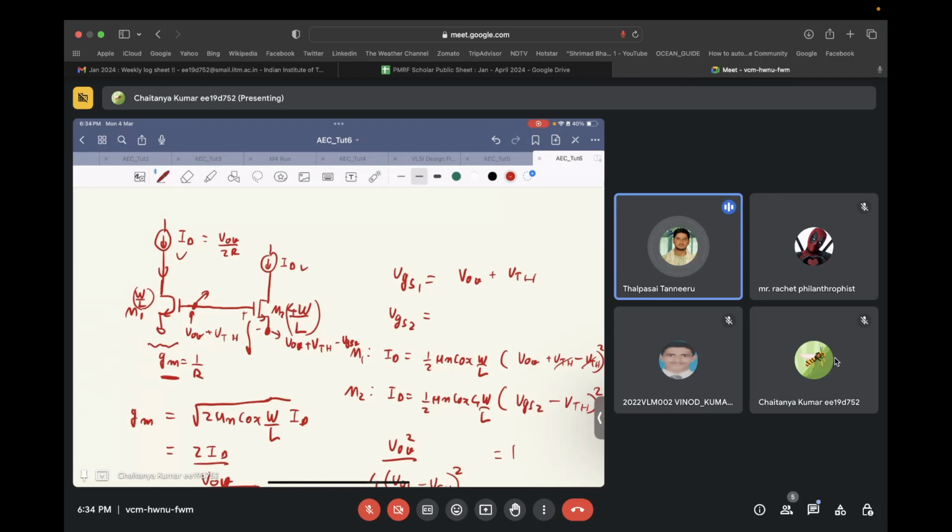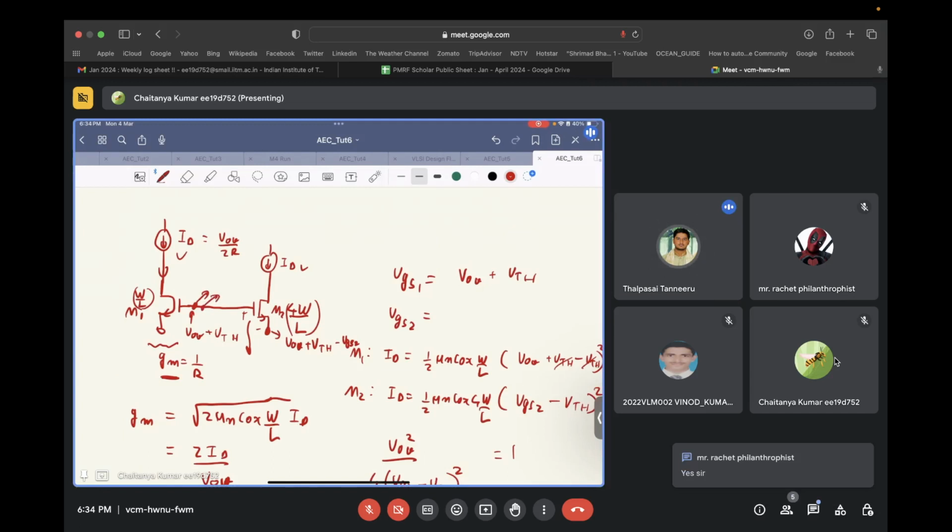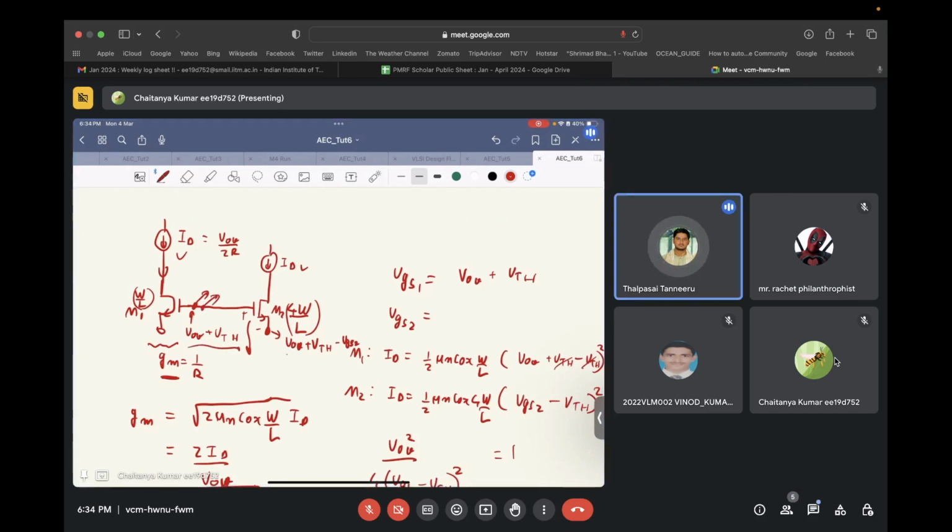Could you please repeat again, sir? Yes, if this gate voltage is VOV plus VTH, your source voltage will become VOV plus VTH minus VGS2, where VGS2 is the gate source voltage of transistor M2. So this voltage is equal to VOV plus VTH minus (VOV by 2 plus VTH). This is equal to VOV by 2.